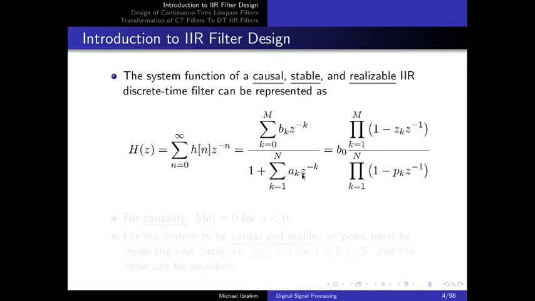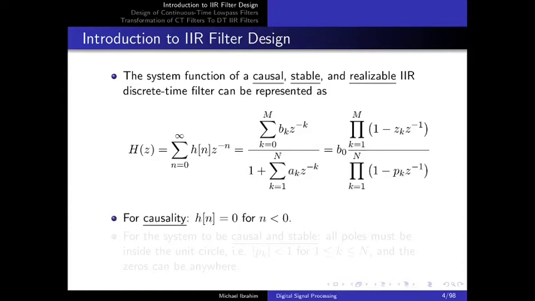And these two polynomials can be factorized in terms of first order terms of the form 1 minus zk times z to the power minus 1, which correspond to the zeros we have in the system. And the denominator is also factorized into first order terms of the form 1 minus pk times z to the power minus 1, which correspond to the poles we have in this filter.